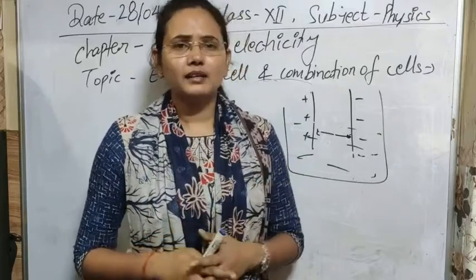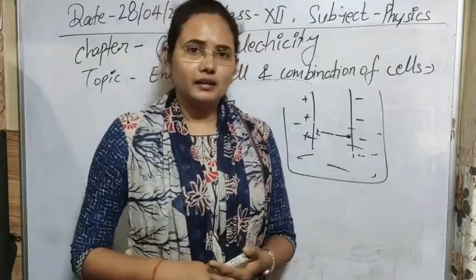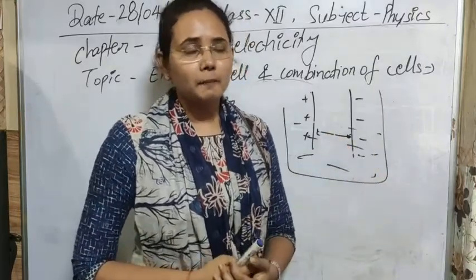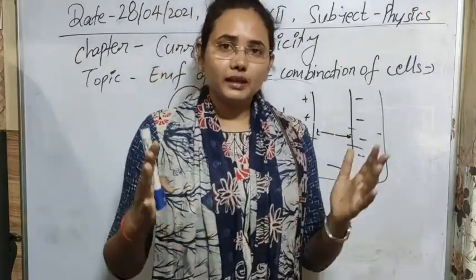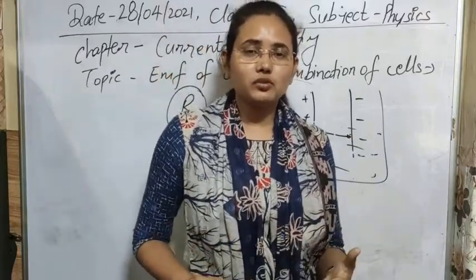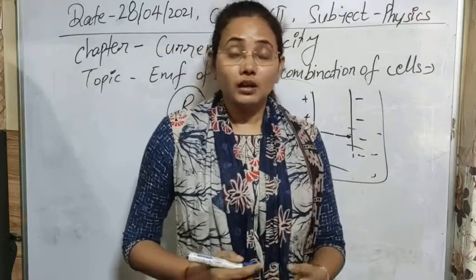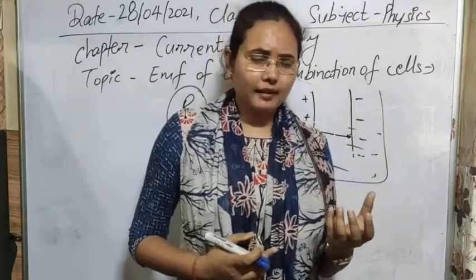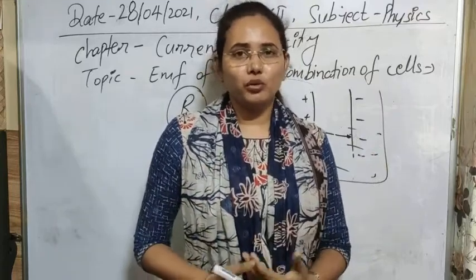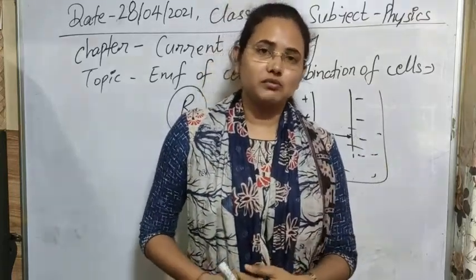The next condition, and I am not talking about EMF here: internal resistance depends on the area of the cell. If you take a greater area of cell, the ions, atoms or molecules will have greater space to move, so they will not collide with each other as rapidly, and internal resistance will be less.